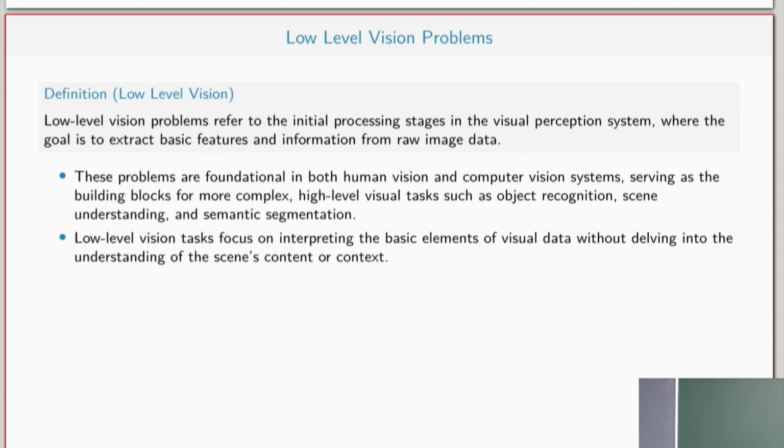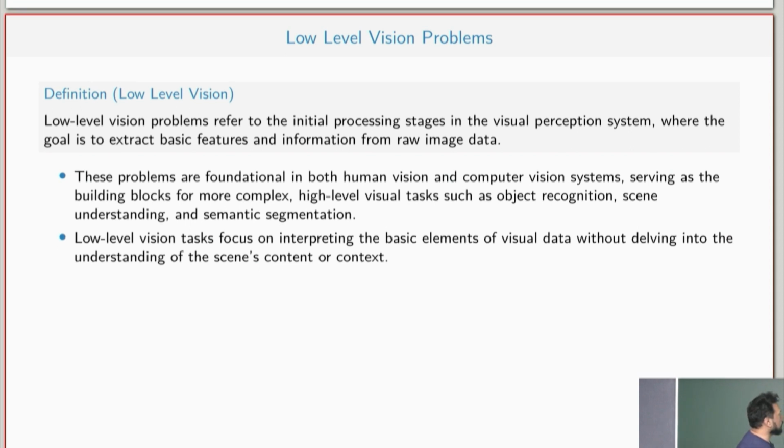In low-level, we refer to the initial processing steps that could be used in visual perception, where the goal is to extract basic features and information from the raw data. So in the low-level problems, you are only looking at feature extraction. It may not make sense unless you use it for a high-level task.